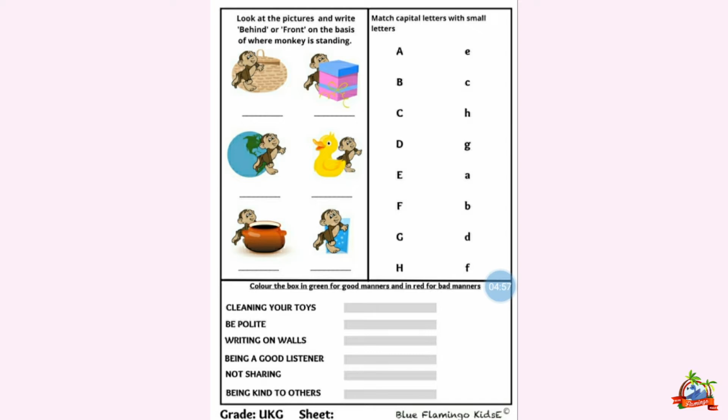Now, see the second question, which is of English. Match capital letter with small letter. Okay, what we have to do in this? We have to match capital letter with small letter. Capital letter को small letter से match करना है. Capital A to small a, capital B to small b, capital C to small c, capital D to small d.